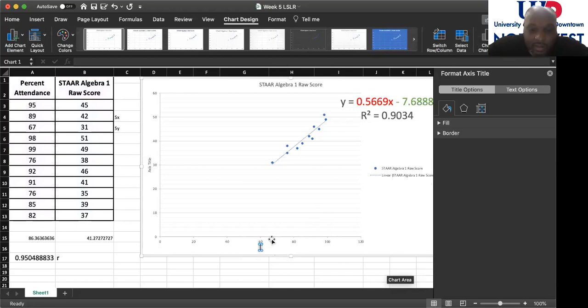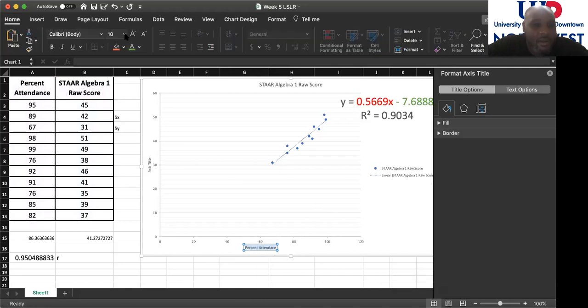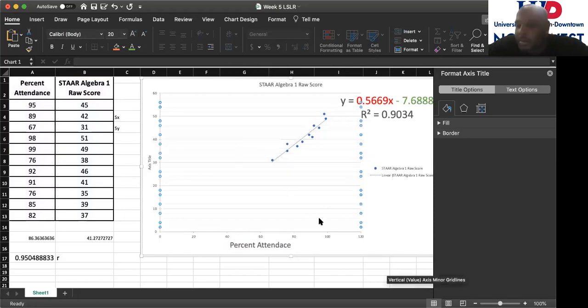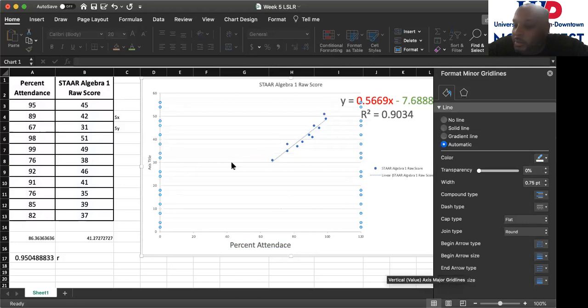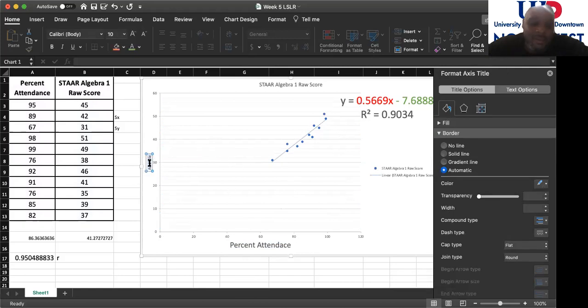So for every 1% increase in attendance, the Y is the raw score.